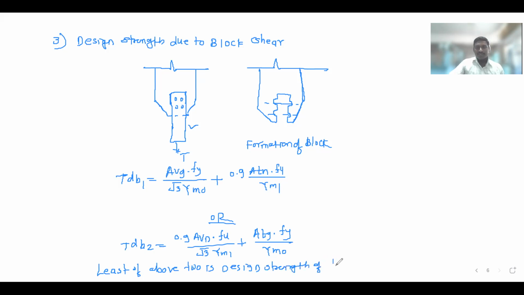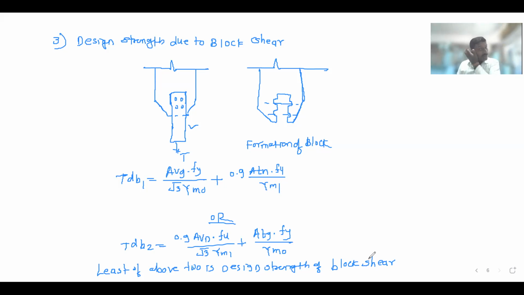Whichever of the two is minimum is the design strength of block shear. Got it? So these are the two formulas we have to see, and from these two formulae we have to calculate the unknowns.